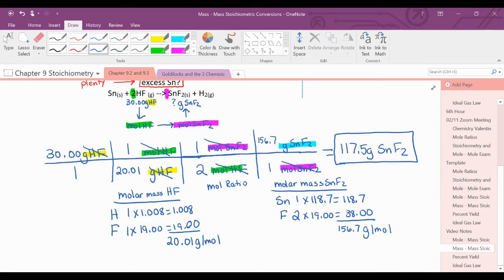So that mass is theoretically what we should produce if the reaction runs to completion, if you don't have any errors or any spills.